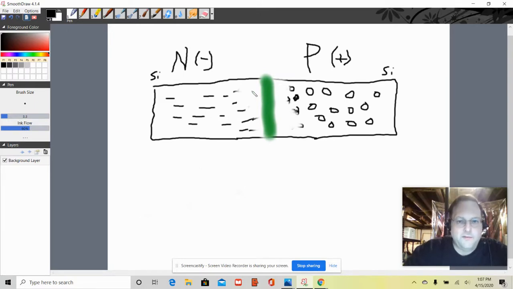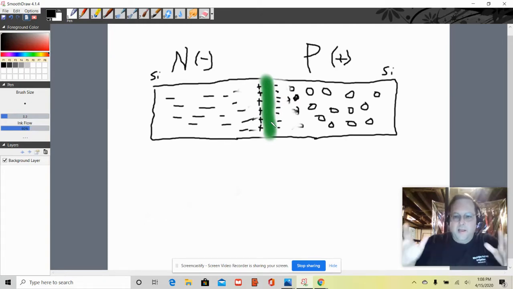So I have a barrier where I've got sort of a positive fence on this side and a negative fence on that side. All of these things over here want to go over here, but there's a barrier in the way. And that barrier is caused by the very forces that want to push these over to here.